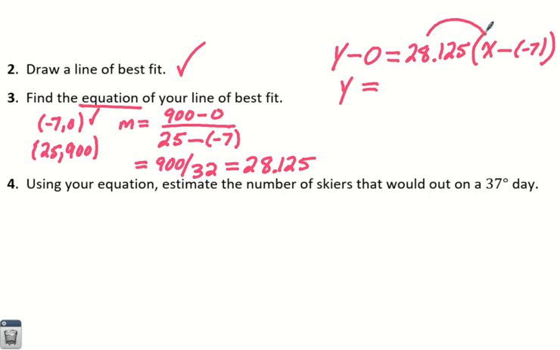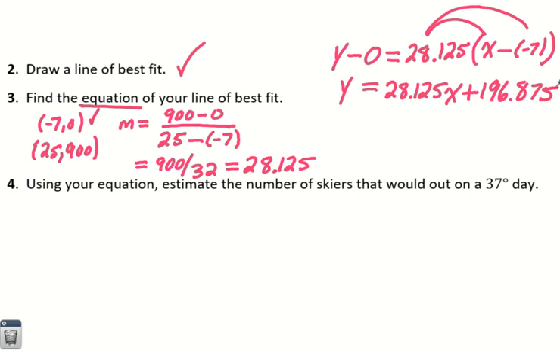As I distribute, I'm going to think of it as 28.125 times a positive 7. But first, 28.125 x, and then calculator time. 28.125 times positive 7 is 196.875. So there is my equation.